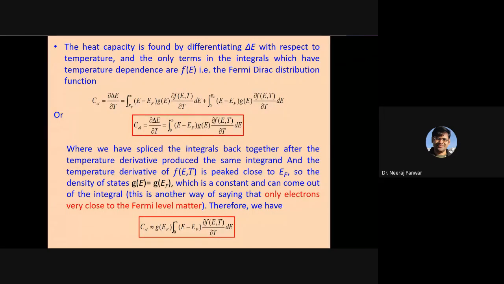So this is another way of saying that only electrons which lie close to the Fermi level matter. Therefore, we have this expression changed to C_EL approximately equal to G at EF integral 0 to infinity (E minus EF) times the first derivative of the Fermi-Dirac distribution function with respect to temperature times dE.